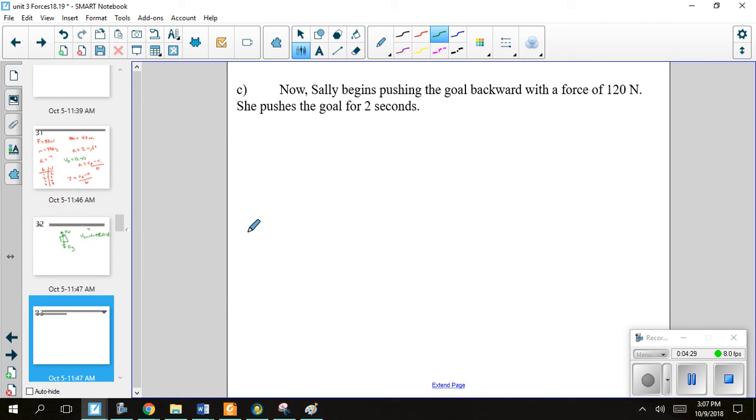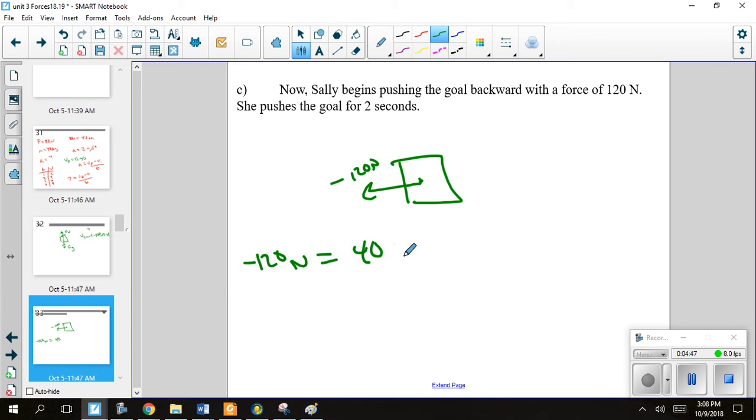Alright, but now, oh, good old Sally. Sally is going to push backwards with a force of 120 newtons. Oh no! But she only does it for 2 seconds. So now we have a force of 120 newtons, our mass is still 40 kilograms, and we need to figure out our acceleration. Our acceleration is negative 3 meters per second squared.